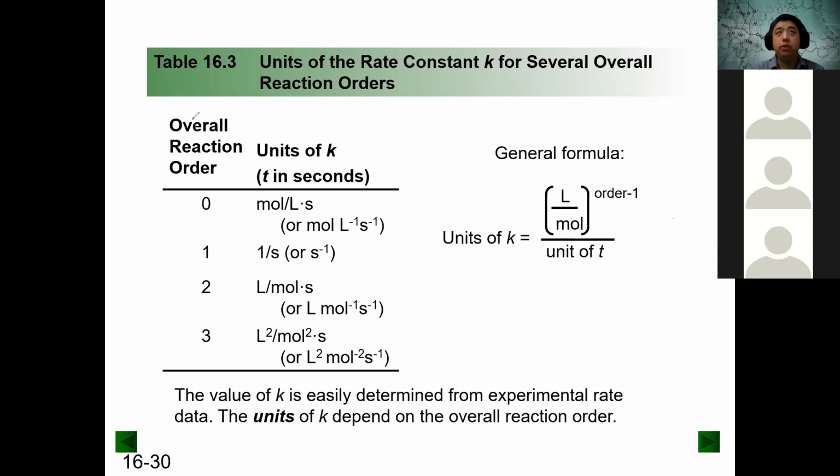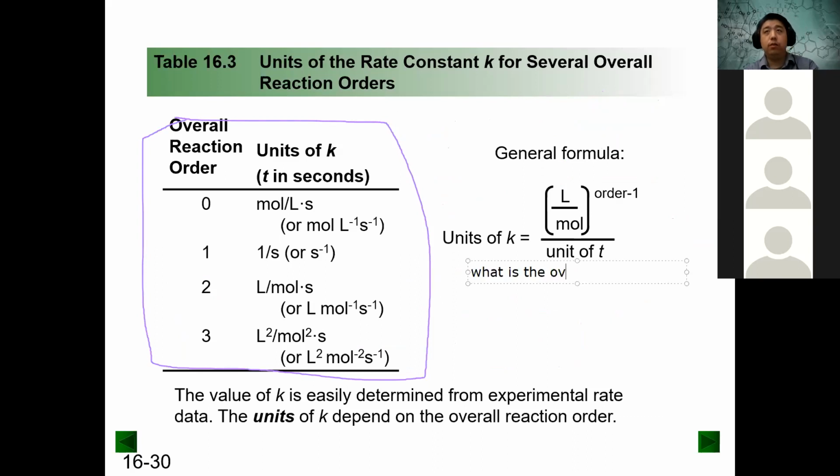The reason why I want you to memorize this is because they will ask you questions. I'm going to give you an example here. What is the overall order of this reaction with a rate constant of, and then give you a number, we'll say like 45 seconds minus 1. That's what they're going to tell you.